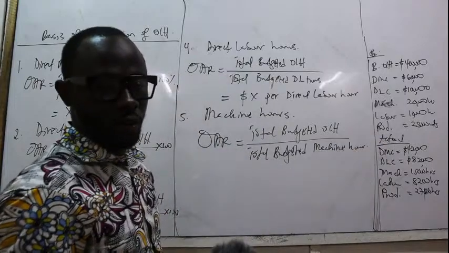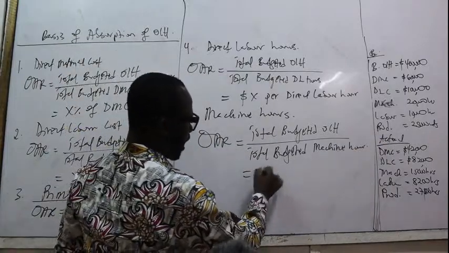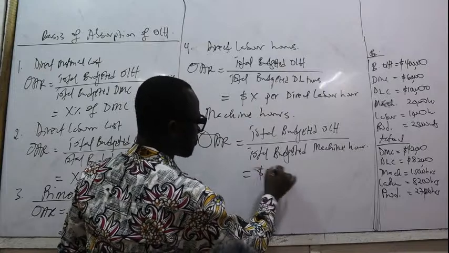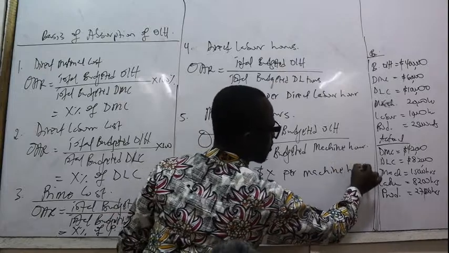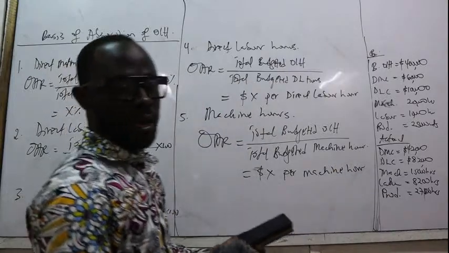So again, what will be our answer? X dollars per machine hour.